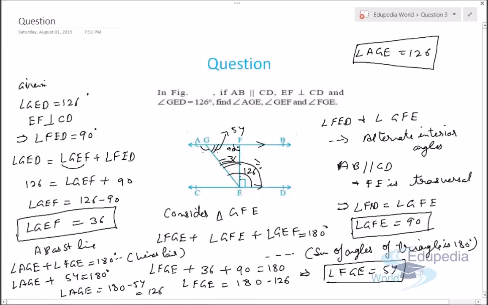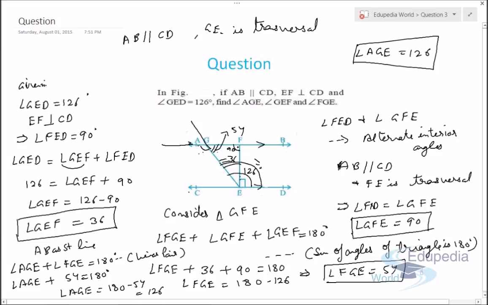Now there is another way to find angle AGE, if we extend this line and this line. So these two lines are parallel. AB is parallel to CD. So this way is an easier way to find the angles. AB is parallel to CD, and GE is a transversal, right?